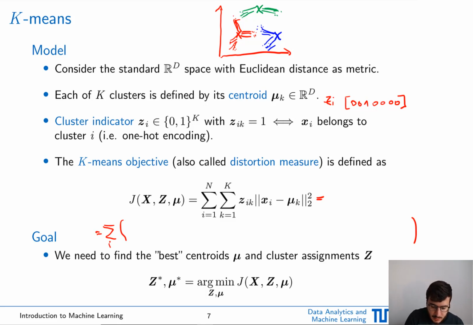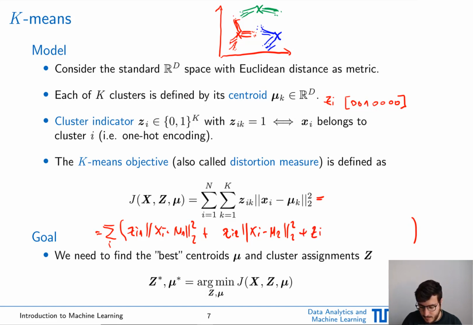The way this is going to look is: z_i1 times the distance from x_i to the first centroid, mu_1, plus z_i2 times the distance from the data point to the centroid of the second cluster, and plus z_i3 times the distance of the data point to the third centroid, mu_3.